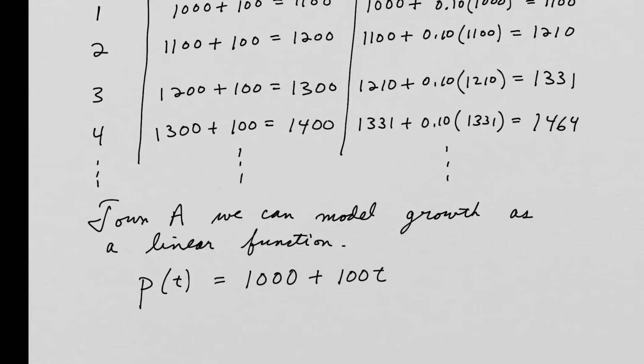Town B is very different, and I want to look at town B's growth carefully. So for town B, I'm going to do another table here. Let's say this is the year, and then this is the population of town B. Okay, so year 0, very straightforward.